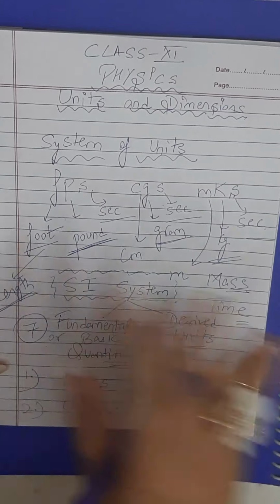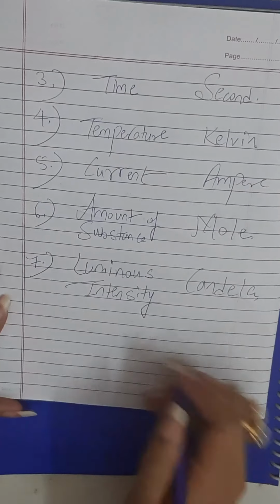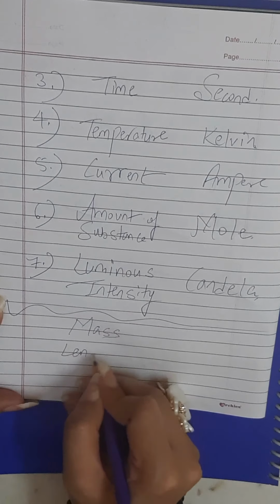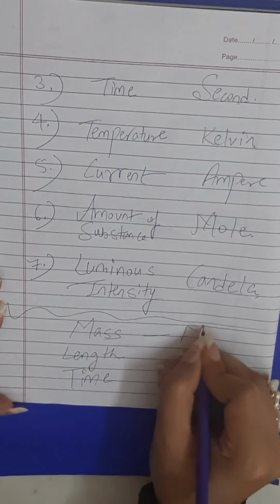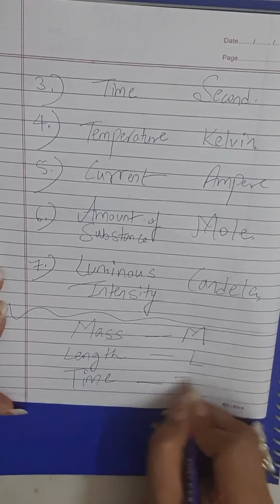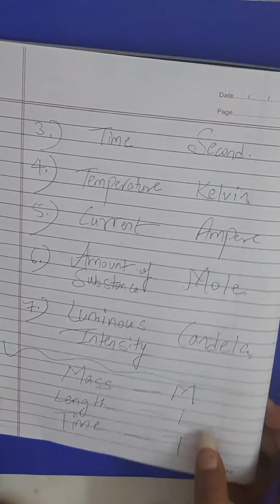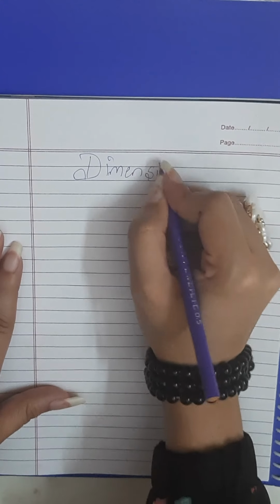So in all the systems that have been used so far, there have been 3 common parameters: mass, length and time. Mass we'll be using capital M for it, length capital L and time के लिए हम capital T use करेंगे, which brings us to the most important topic called dimensions.